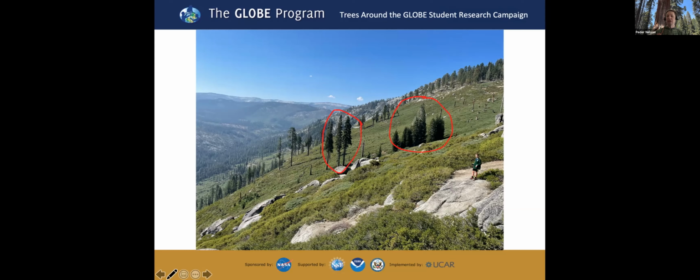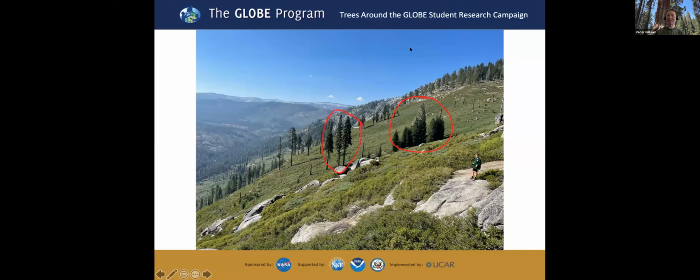And importantly, those become the seed sources to allow the forest to recover. And one of the things that I see when I look at a landscape like this, part of the recovery towards a treed landscape, is that you have this shrub component that comes in.